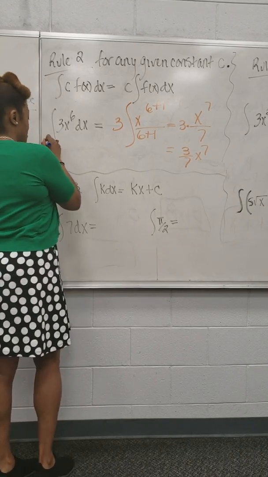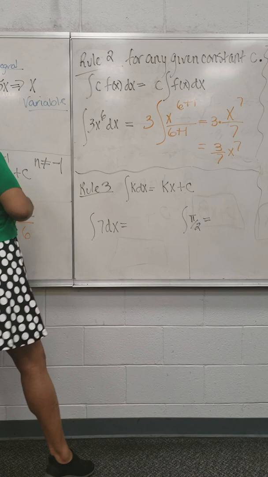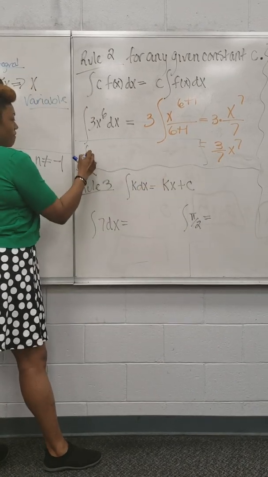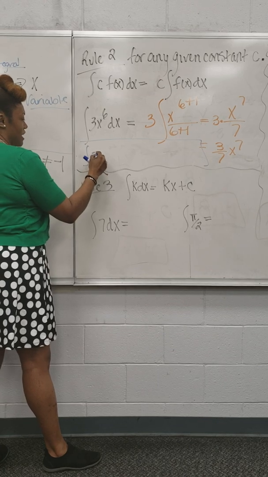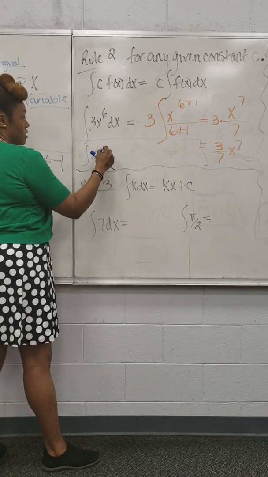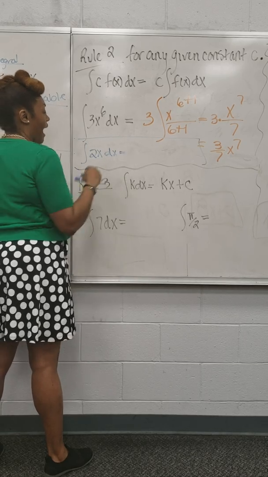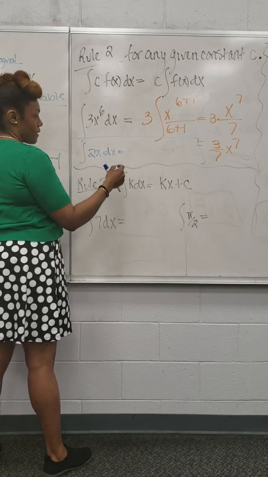Now, I did it the way that Educo does it, but you do not necessarily have to do that. If I give you a really quick one, if I have the integration of, let's just say, 2x dx, I do not necessarily separate it out.